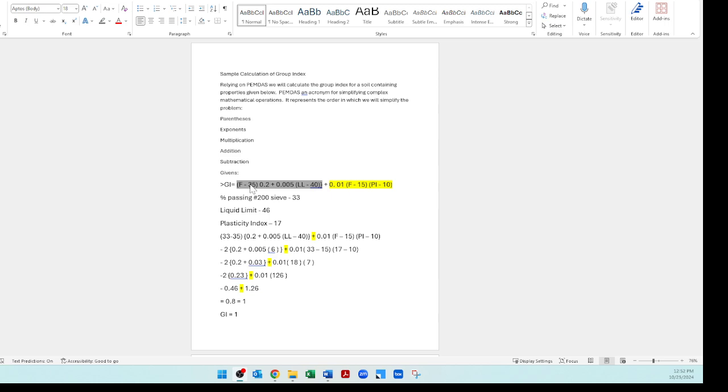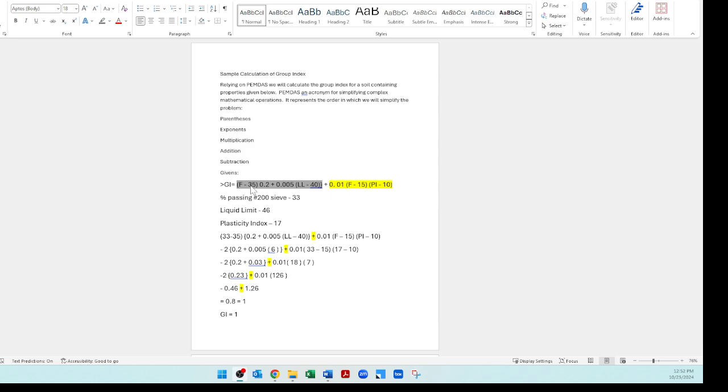It's supposed to let you know the percent of gravel or coarse grain. And it does that by taking the percent passing the number 200 sieve, which is the fine grain. Where is that? There it is, 33%.